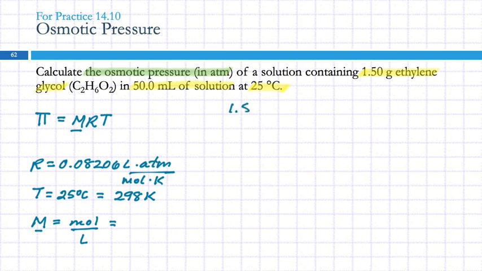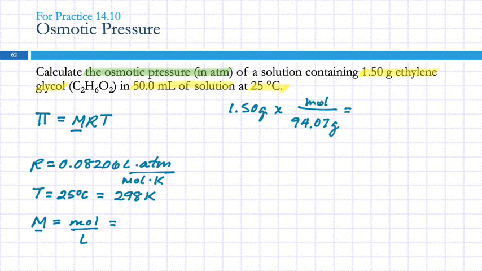So we've got 1.50 grams of ethylene glycol. And of course, I don't remember what that molar mass was, so we'll just calculate it again real quick. Yep, 94.07 grams per mole.